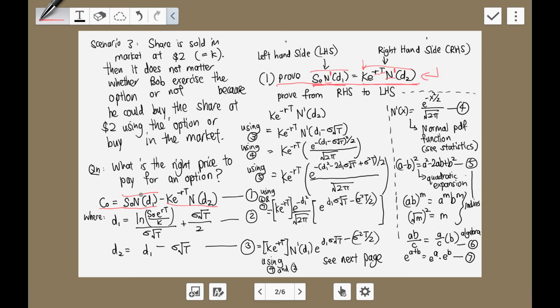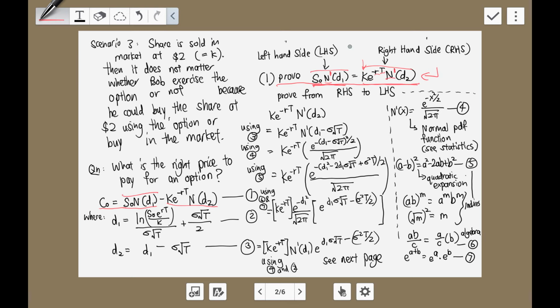It means that there's no prime over here. That means that this is after the cumulative distribution function has been differentiated, to arrive at the probability distribution function.